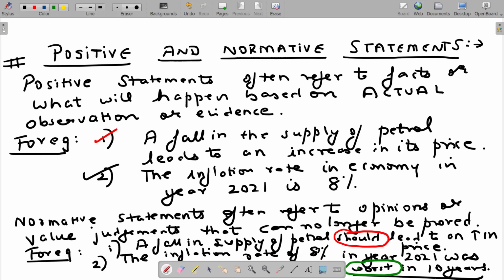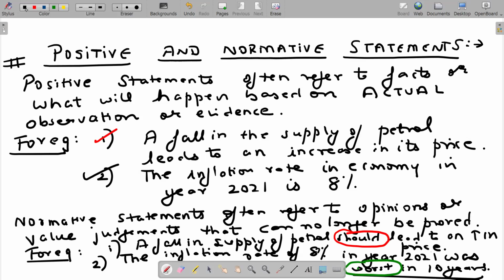But facts cannot be opinionated. Facts are merely facts. You can't disprove them. They are all backed by strong evidence. But when you are giving an opinion that inflation in your economy has been the worst, you are being judgmental. Maybe others might not agree with you on that. So that is the normative statement now.